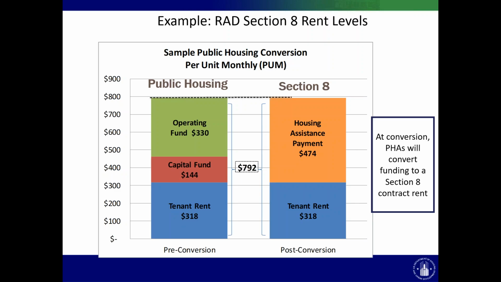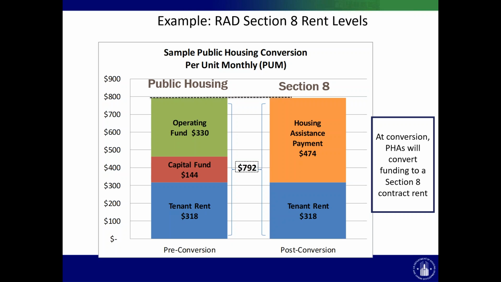So going back to the initial contract rent setting, this slide demonstrates how those rents are set. So for every public housing property in the country, it today is supported through the operating fund, capital fund, and collected tenant rents. We've put these numbers together to come up with what the Section 8 contract rent is.